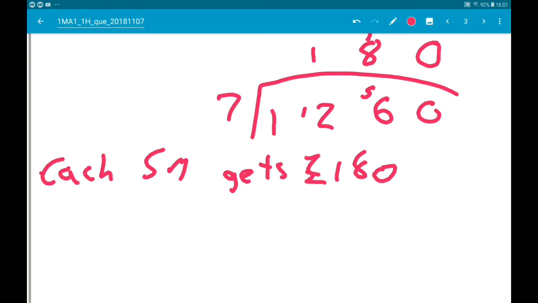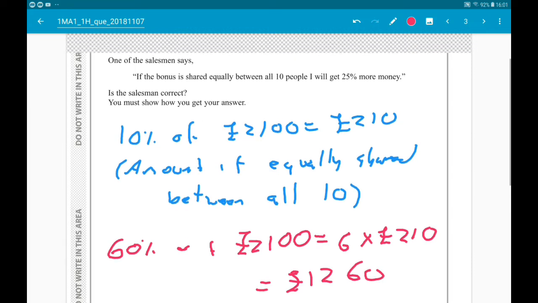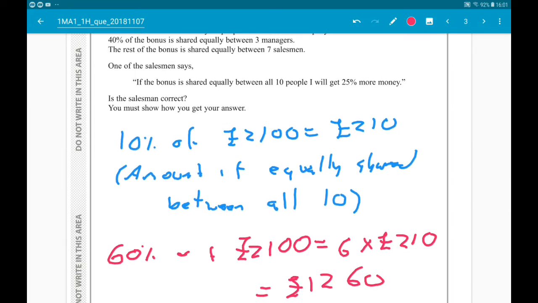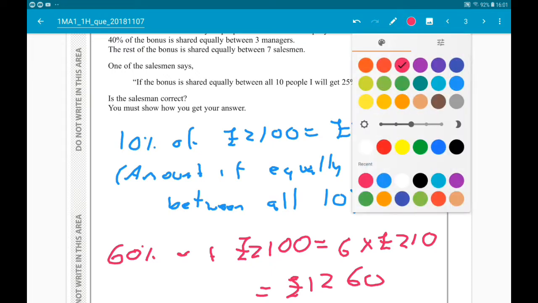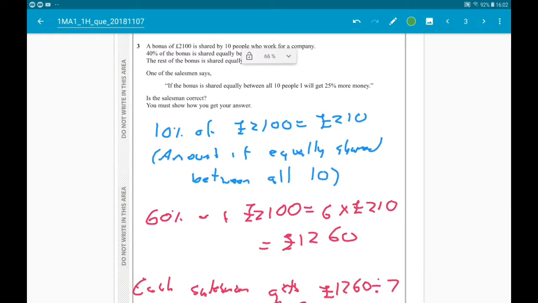Now, what this salesman up here is saying is that if they shared the money equally between all 10 of them, he would get 25% more money. So, to test his claim, we now need to find 25% of 180 and add it on and see if we get £210.